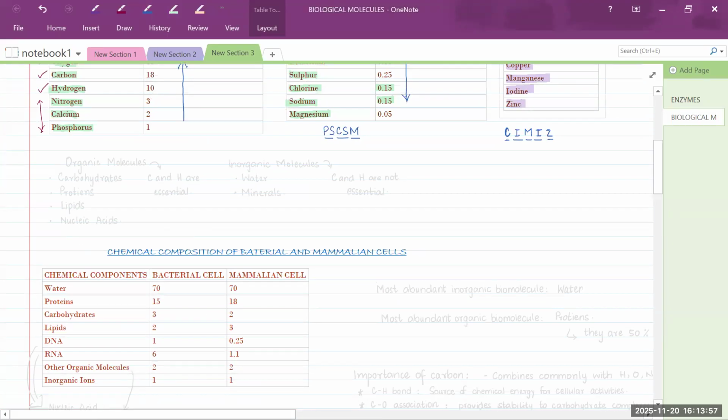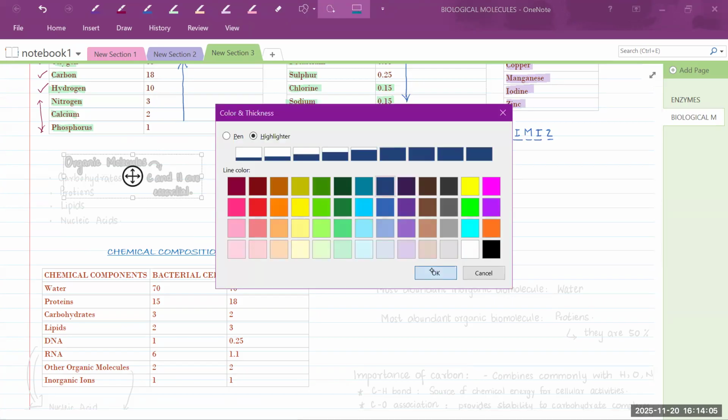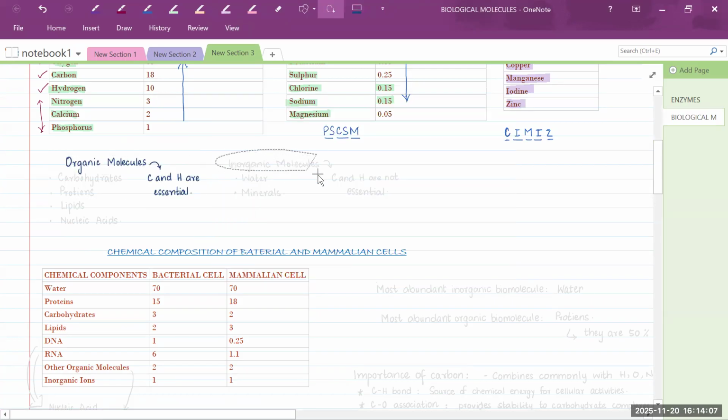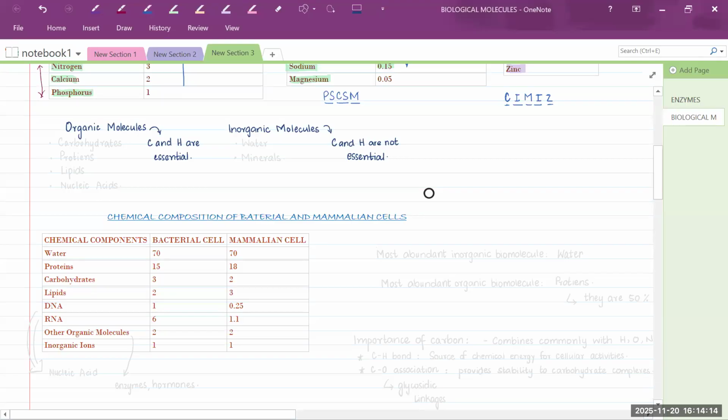Moving on, we have what are organic molecules. Organic molecules are the ones in which carbon and hydrogen are essential elements. And what are inorganic molecules? Inorganic molecules are the ones in which carbon and hydrogen are not the essential elements. And what are the examples for these?